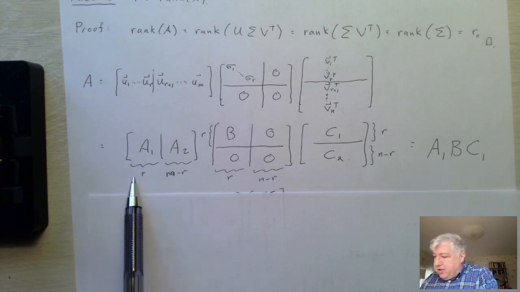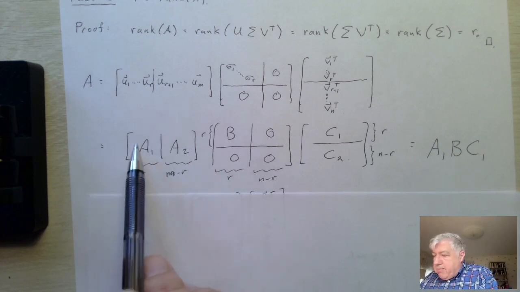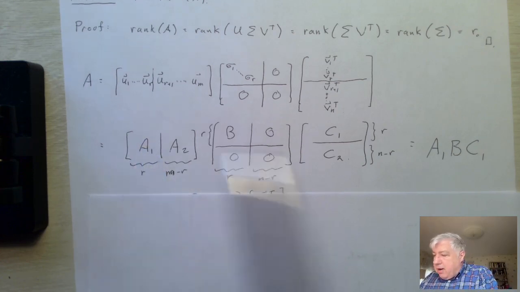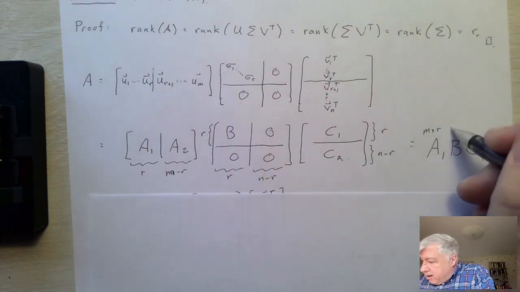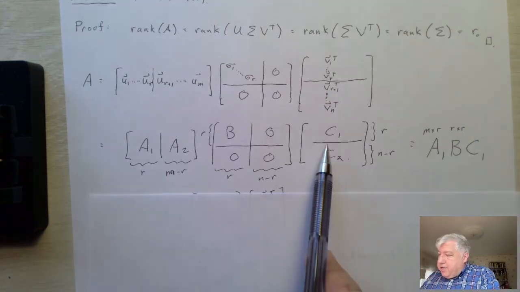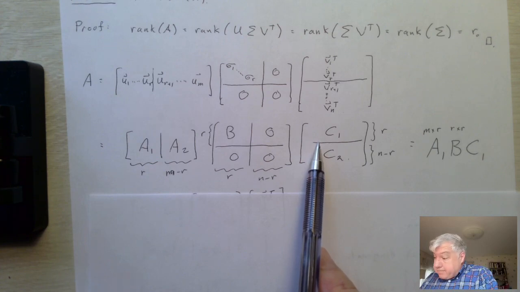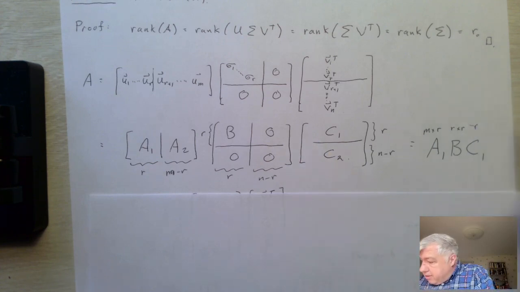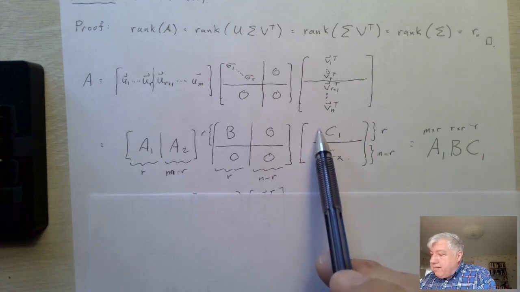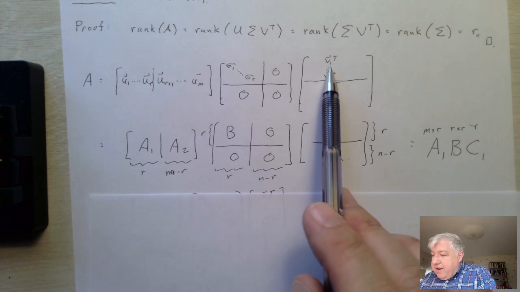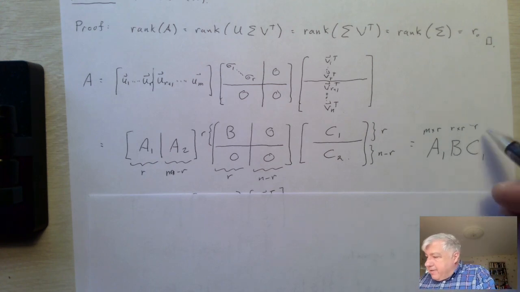What are the dimensions of this? Here we have m rows and r columns, so this is m by r. B is r by r. And C1 has r rows, and the number of columns is the length of V_i transpose. Because V_i is in R^n, the length is n.